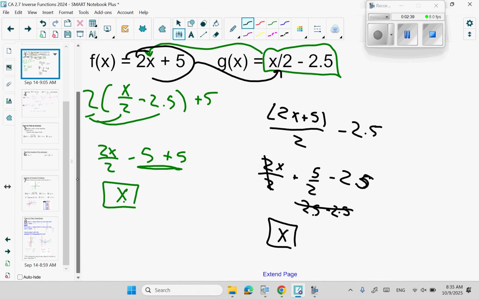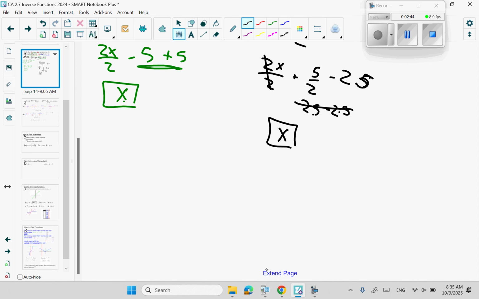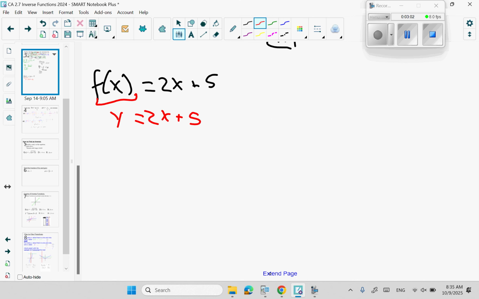The other way you can find inverses, which we're going to talk about here in a second, is this. If we agree that conceptually speaking, f of x is the same thing as y, and as I just told you, the x's and y's get swapped, then I can swap the location of x's and y's. So x equals 2y plus 5.